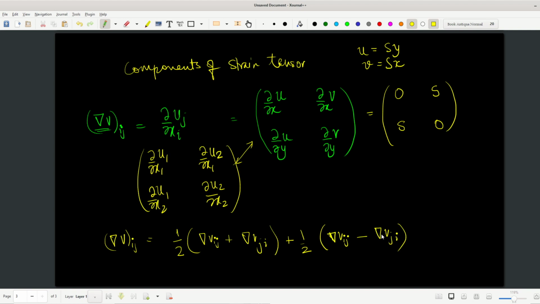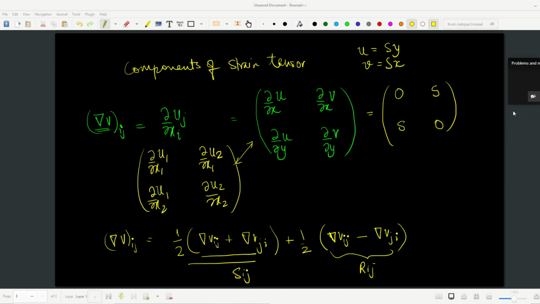So what are the components? This is the Sij and this is the Rij. So what is Sij going to be?